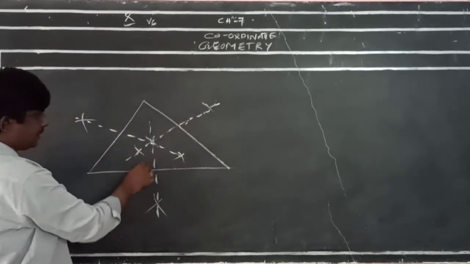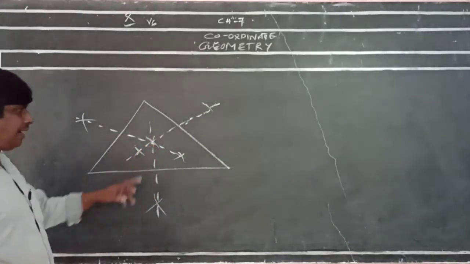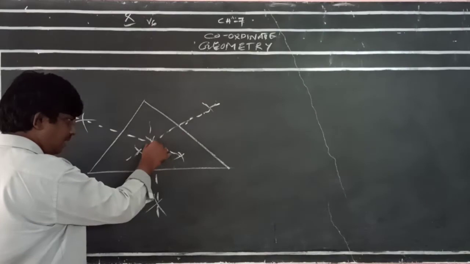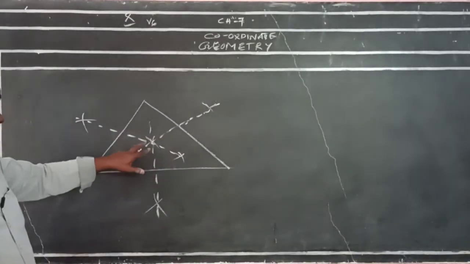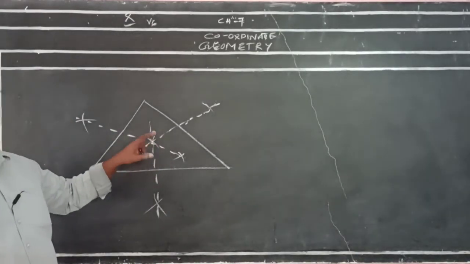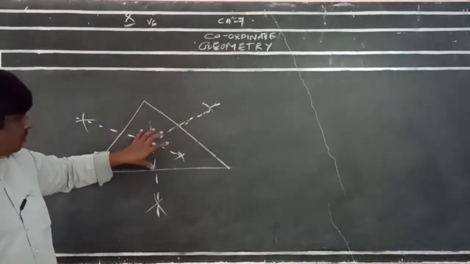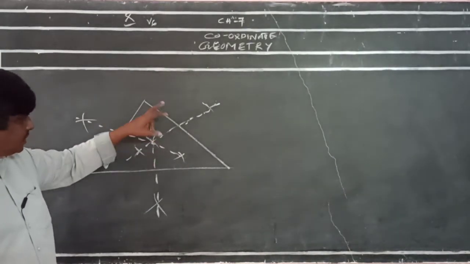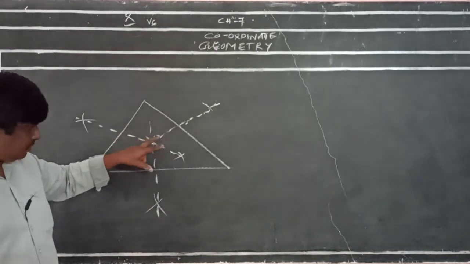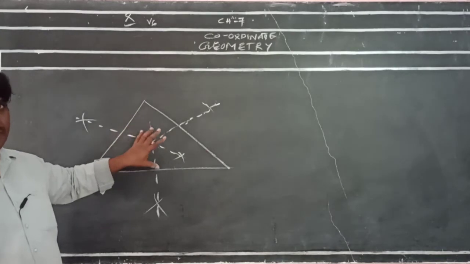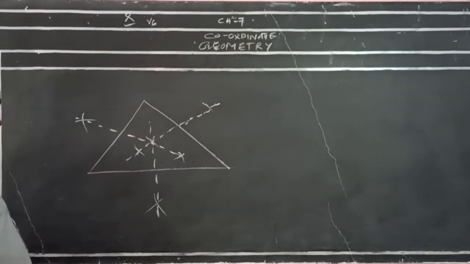These perpendicular bisectors have a common point. That means they are concurrent, because they are more than two lines with a common point. Therefore, the perpendicular bisectors of a triangle are concurrent.